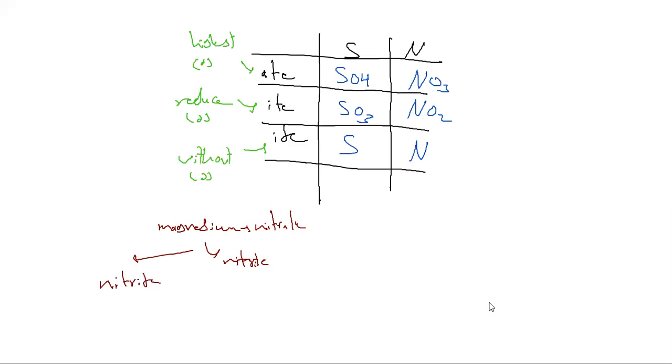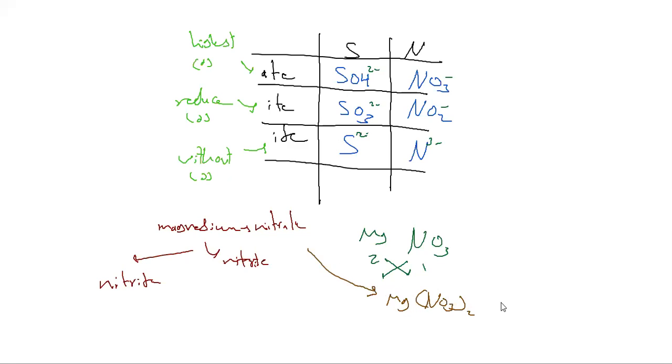For magnesium nitrate, Mg is valence 2, nitrate is valence 1, nitride is valence 3, and sulfate and sulfide are valence 2. With valence 1, it becomes Mg(NO3)2, this is magnesium nitrate.